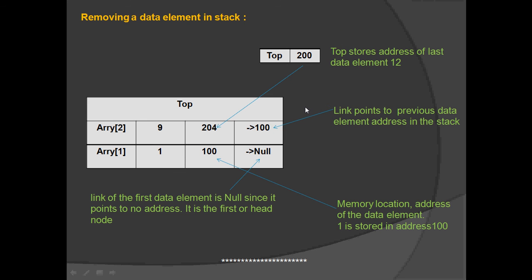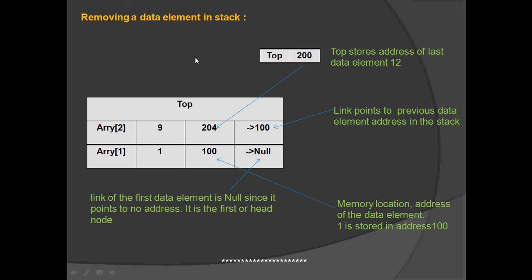So as you can see here, in the same diagram I have removed two data elements, so now there are only two data elements. Now you can see that top is 204. Top does not store the value 400 now, but the address 204.